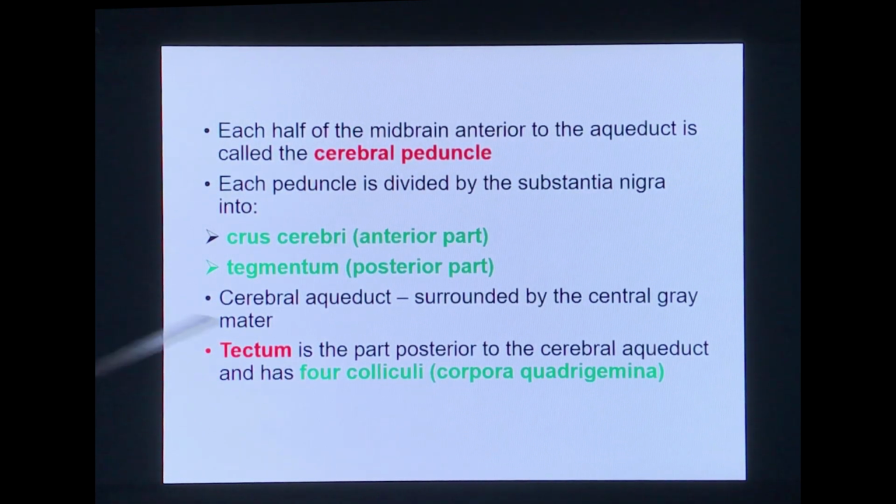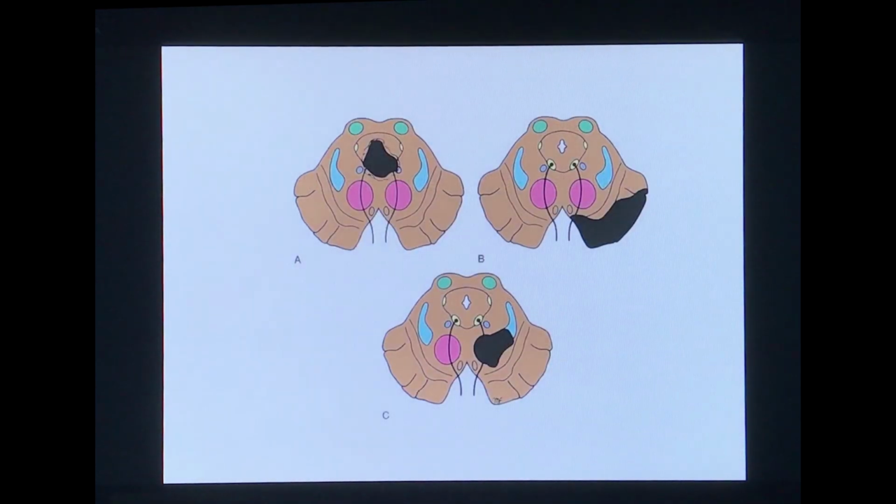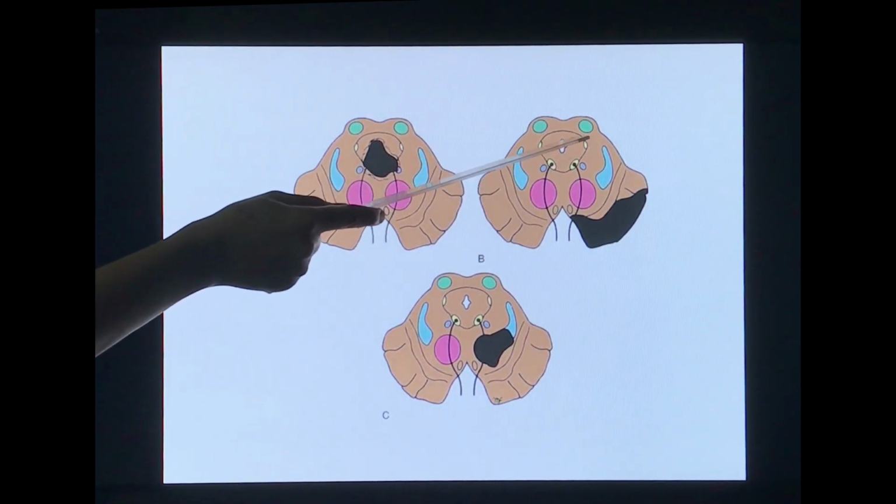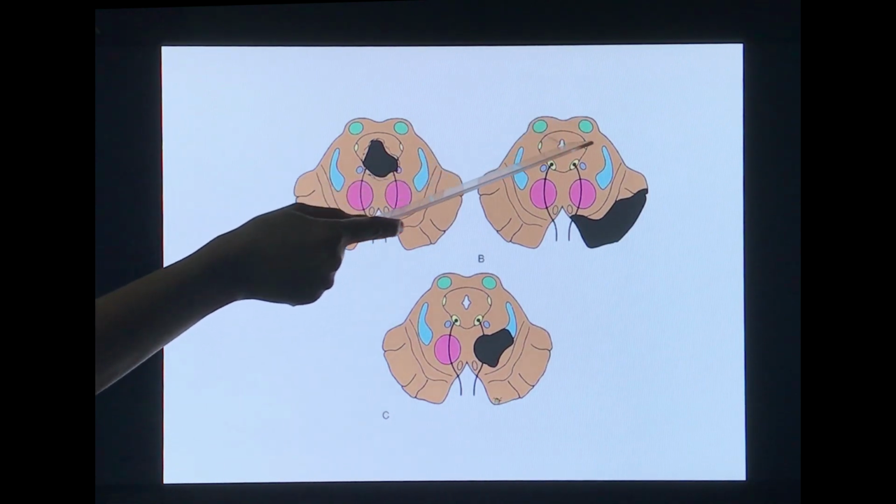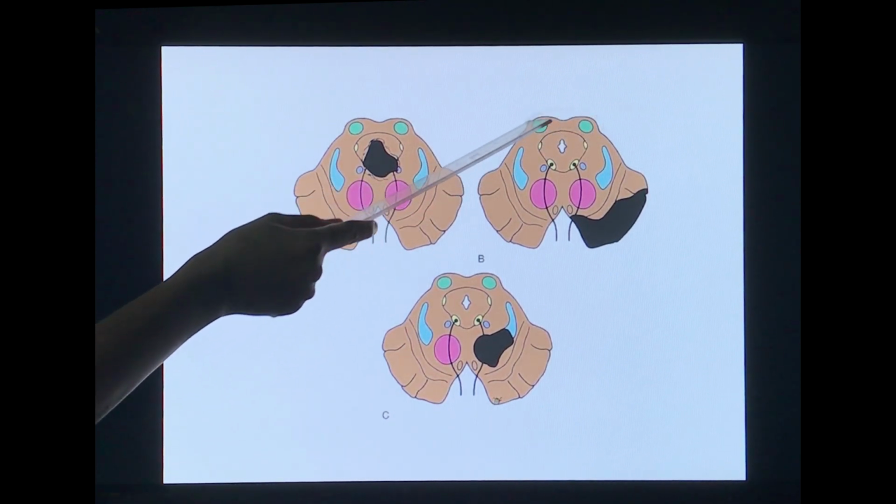As I mentioned, there is central gray matter surrounding the cerebral aqueduct, and the part lying posterior to the cerebral aqueduct is called the tectum, which has 4 colliculi, superior and inferior. Altogether the 4 are called the corpora quadrigemina. Here you can see this part is the crus cerebri, this is the substantia nigra, and this is the aqueduct. The part posterior to the aqueduct is the tectum.